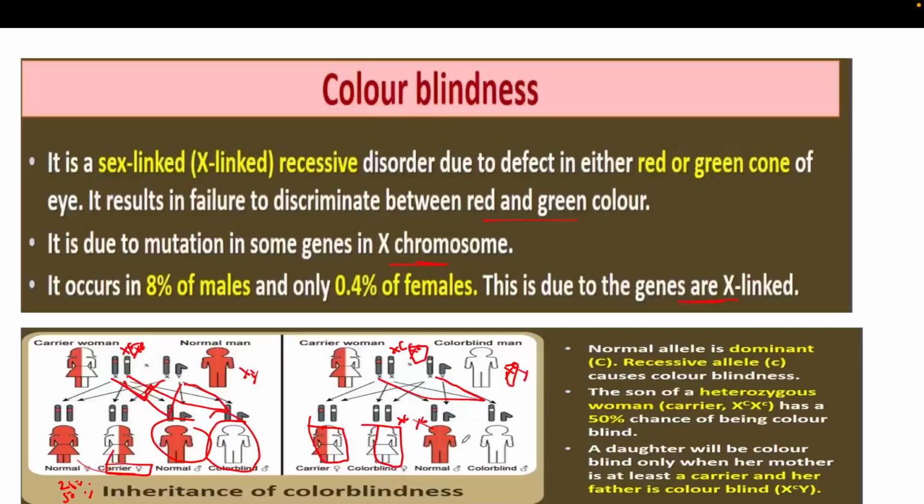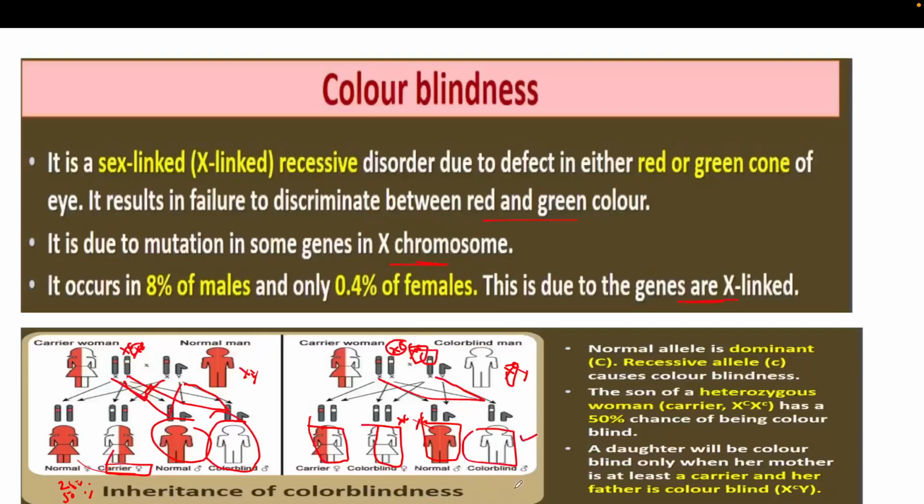But in the case of the son, what is happening? It has only a single X. So when the normal capital C comes from the mother, it is normal, and when the X carrying small c comes to this son, then it is color blind. The Y can't compensate for this X, so that's why it is color blind.